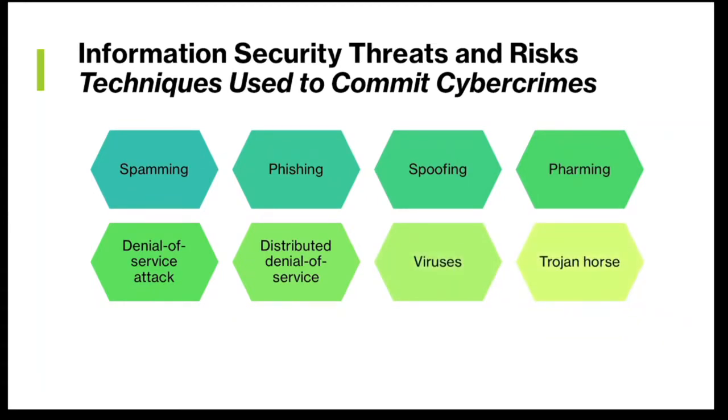Next, viruses, Trojan horse, worm, malware, and spywares. A virus is a piece of program code that contains self-reproducing logic, which piggybacks onto other programs and cannot survive by itself. Virus is usually one of the common terms used to describe Trojan horses, malwares and spywares.